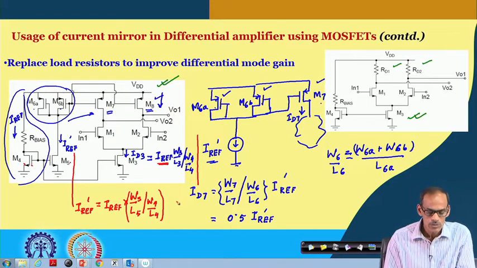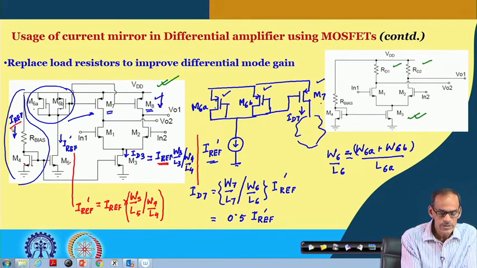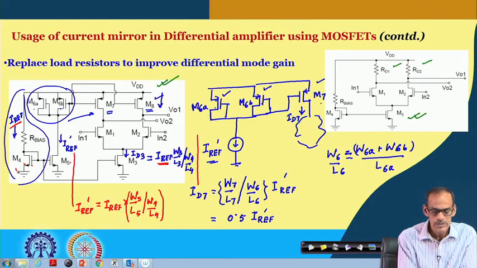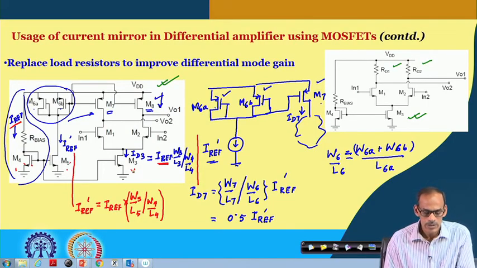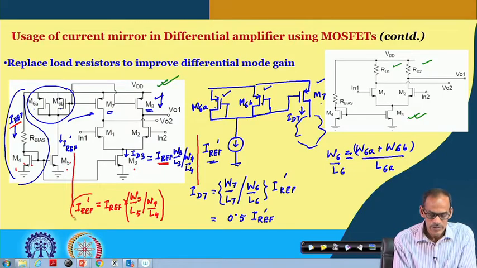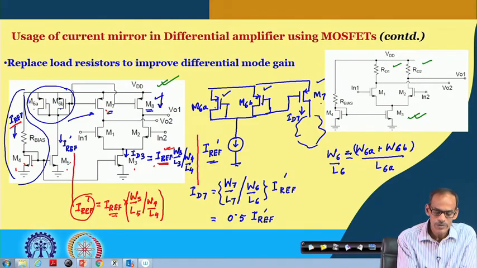So, if transistors 4, 5 and 3 are identical, then this is equal to I ref, this is also equal to I ref, and the current flowing through this transistor and this transistor is I reference by 2. So, this is also I reference by 2.